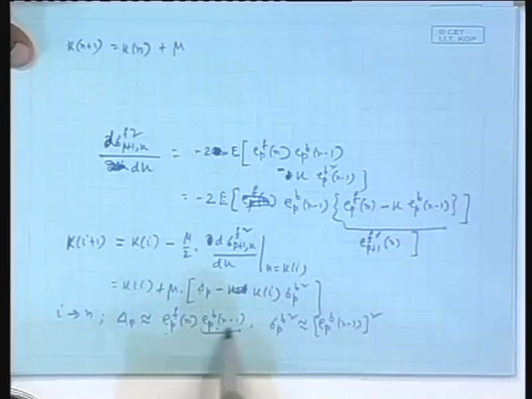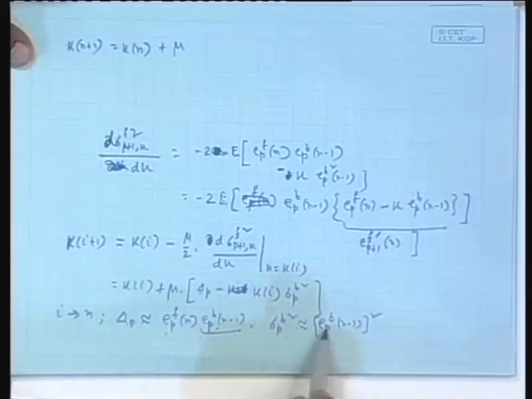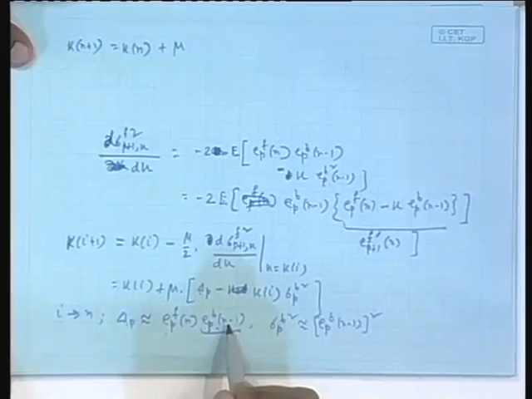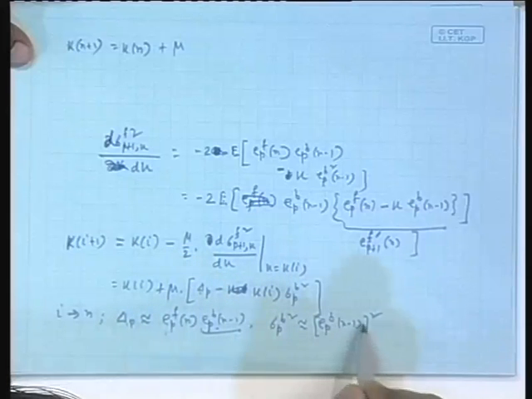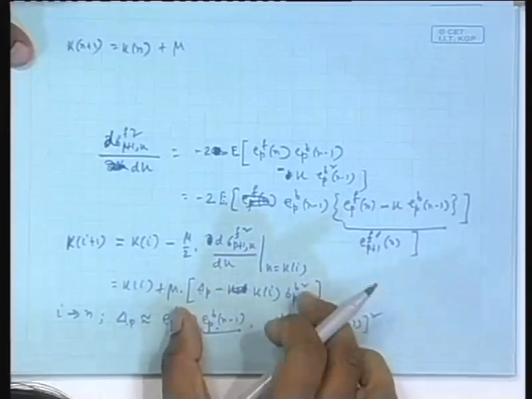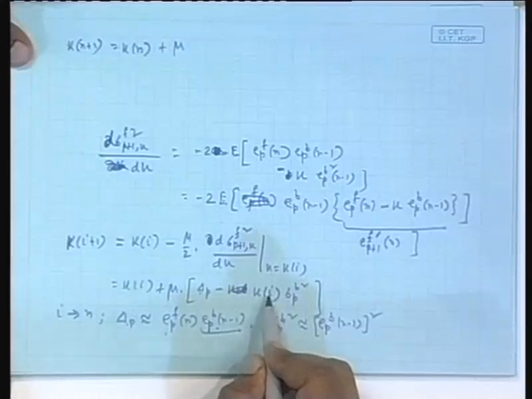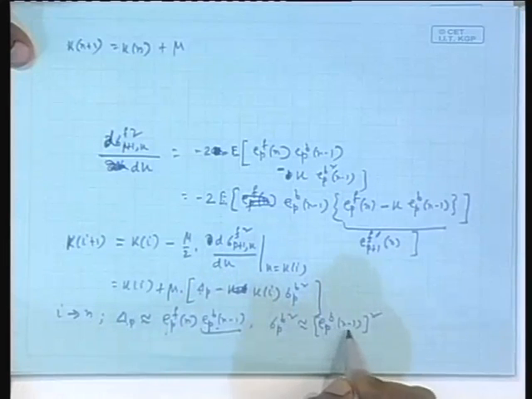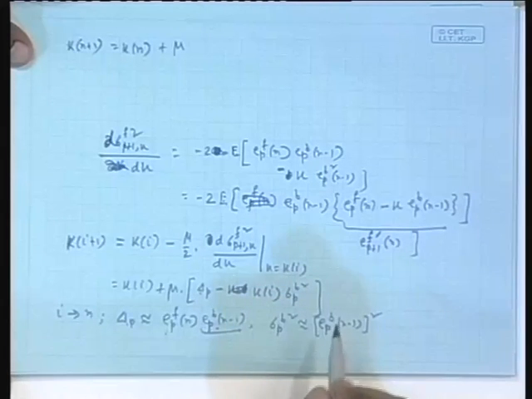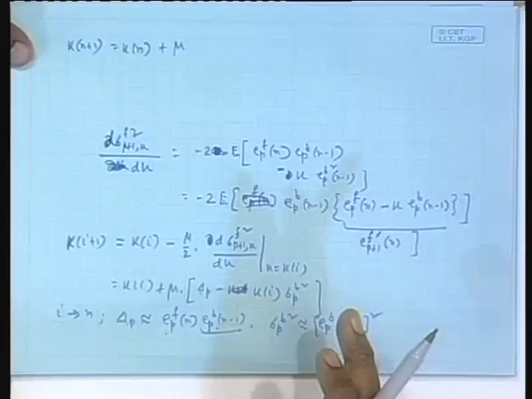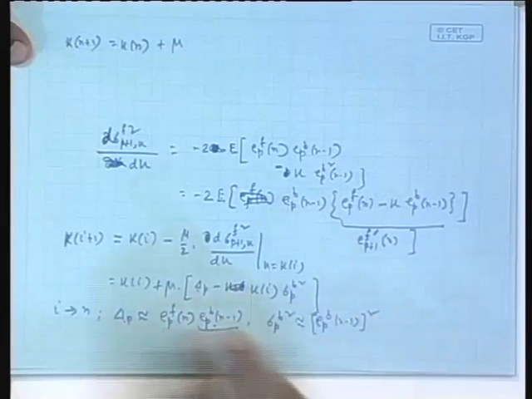If you replace delta p by this and sigma p b square by this, take E p b n minus 1 as common because it is present in this also, this also. So, within the bracket what are you left with? E p f n minus k i k n into E p b n minus 1, which is my E p plus 1 f n under this adaptive situation.